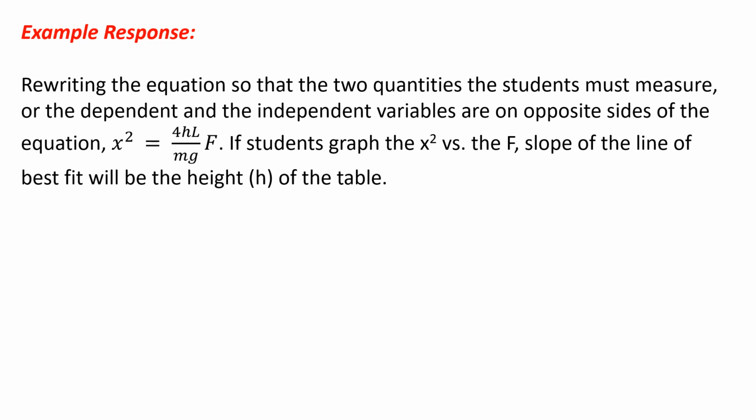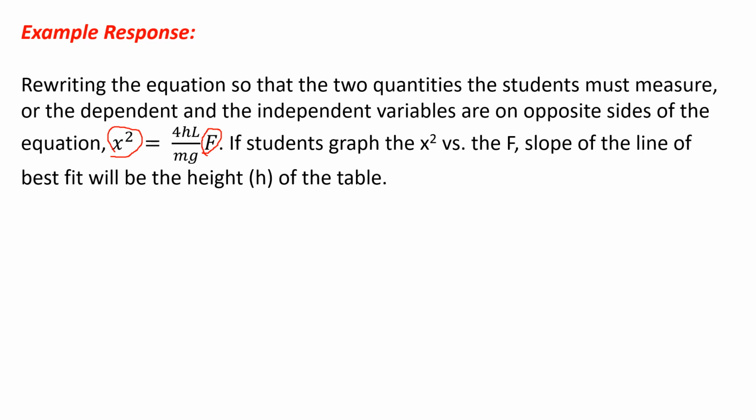Our dependent should always be on the left side of the equation, while the independent, something that you manipulate, is on the right side. If students graph x squared versus F, the slope of the line of best fit will be the height H of the table.